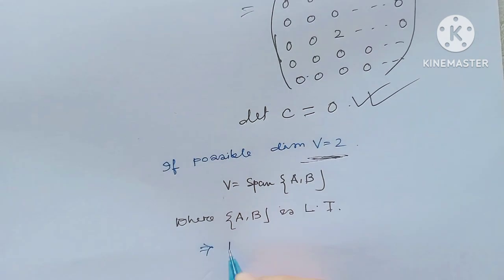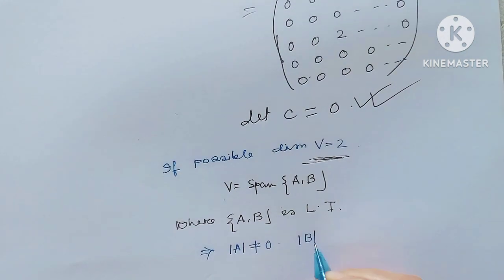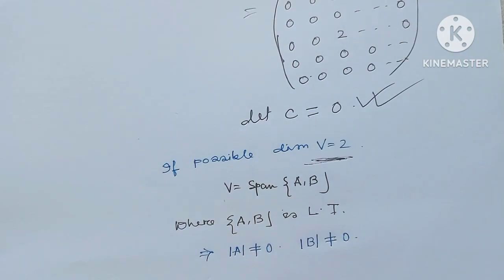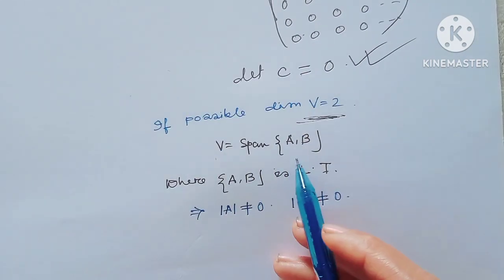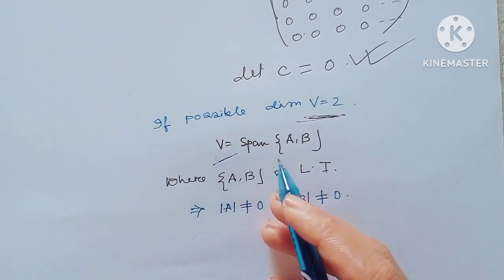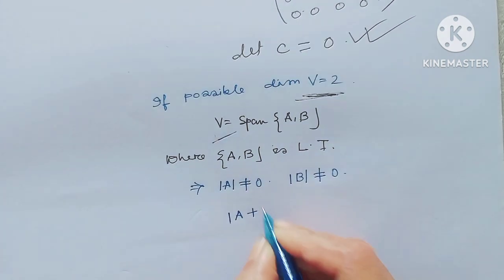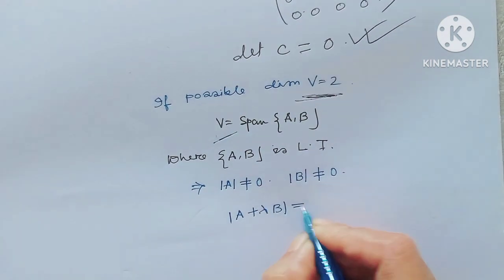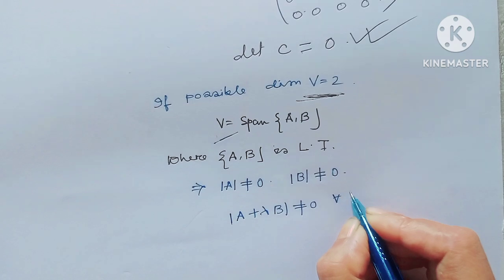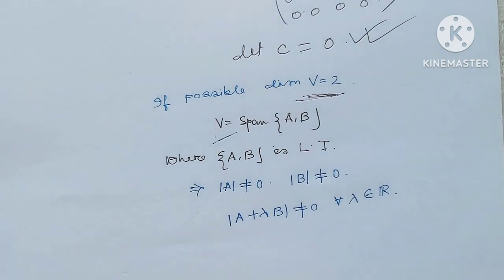That means det of A is not equal to 0 and det of B is not equal to 0. Since A and B both belong to V, and since V is a subspace, det of A plus lambda B is also not equal to 0, and this is true for all lambda belonging to the real numbers.